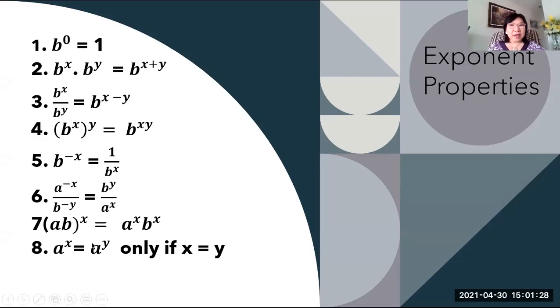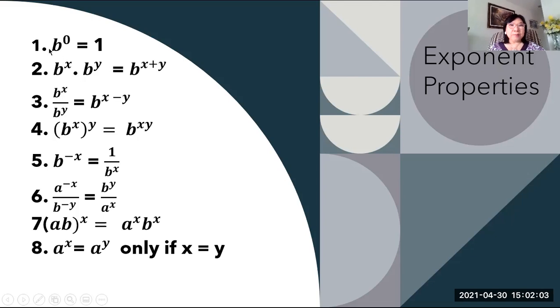In the next slide, I present to you, Math 12 students, a reminder of what you have learned about the laws of exponents in Math 10 and 11. We call these exponent properties. These basic exponent properties are very important for us to solve any exponential equation or transfer into logarithmic form.